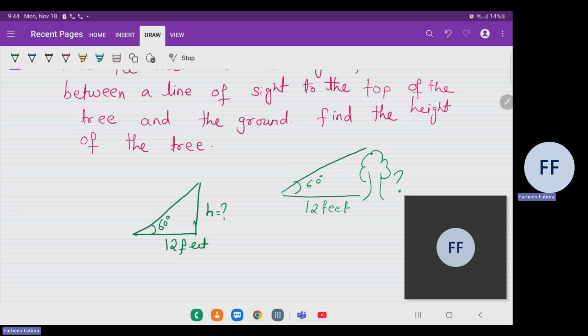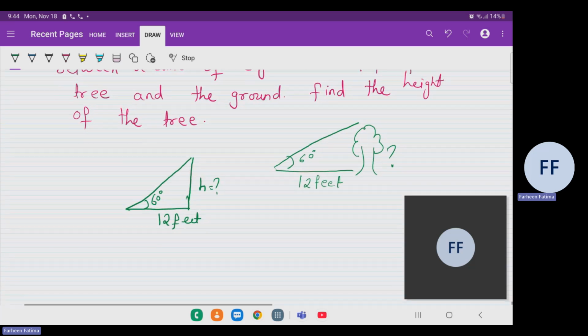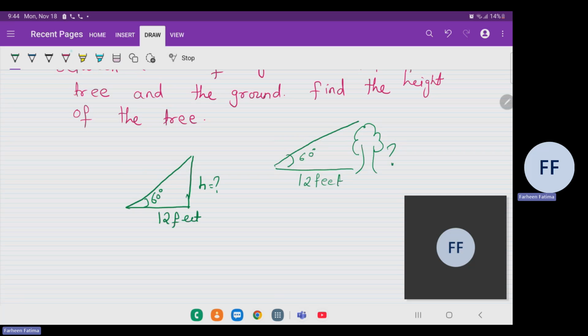This is nothing but the opposite, this is your adjacent and this is your hypotenuse. We need the opposite and we have the adjacent.